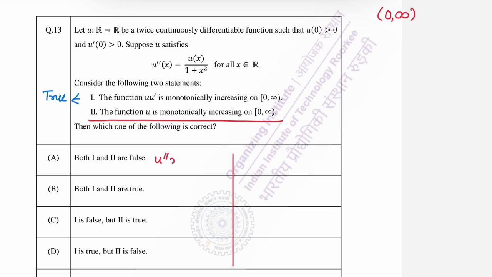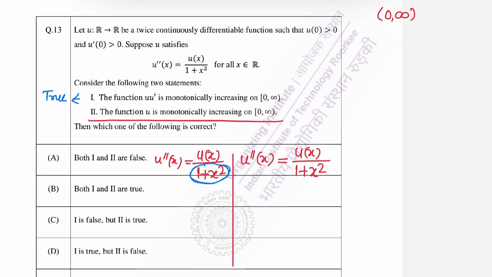u dash x equals u(x) by 1 plus x square. Okay, I again write the same, u double dash x equals u(x) by 1 plus x square. Okay, now you see this thing.